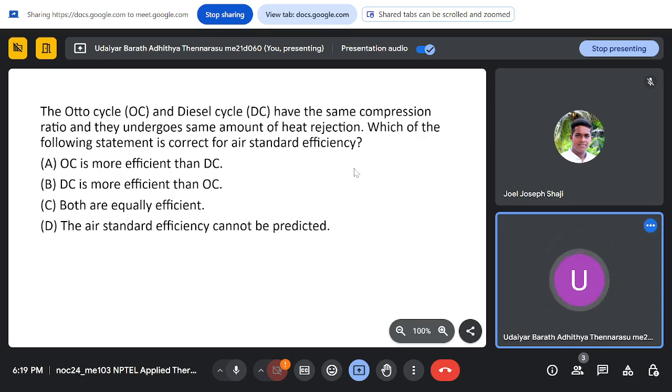So in this case we saw that the Otto cycle was much more efficient than the diesel cycle. If you have a constant compression ratio, then Otto. If you have a limitation on maximum pressure, constant maximum pressure, then diesel is efficient. So in this case it is the Otto cycle. So option A, the Otto cycle is more efficient than the diesel cycle.